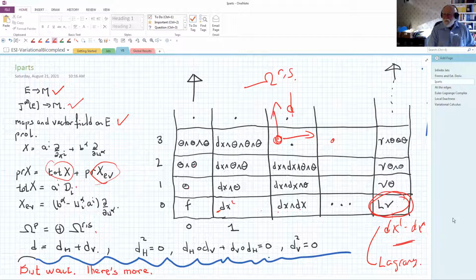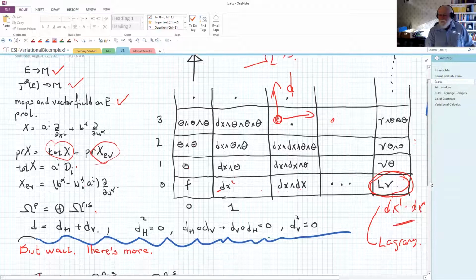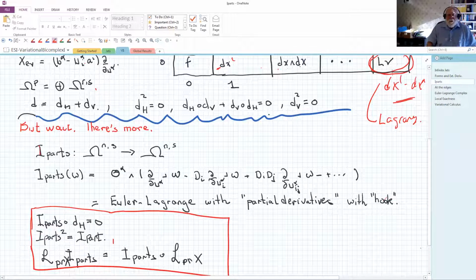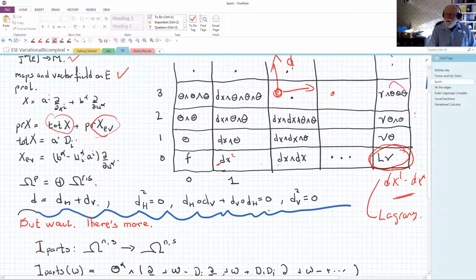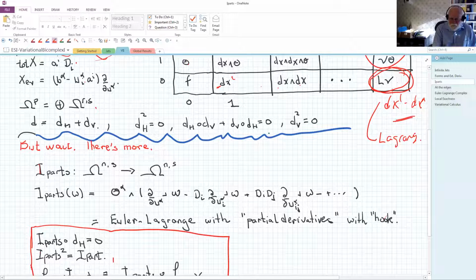Okay. But there's one more piece which is absolutely important to us, and I call it I parts. It's the integration by parts operator, and it lives all along this edge over here, and it's a map which maps forms of top horizontal degree to themselves. And it looks like an Euler-Lagrange operator, only in place of using derivatives, we use interior products.